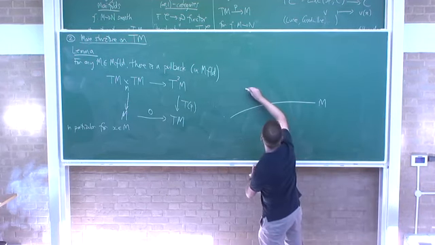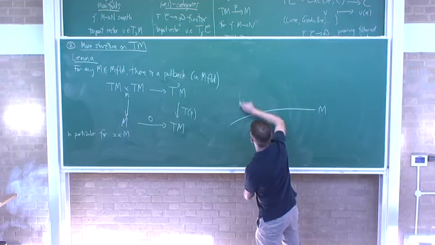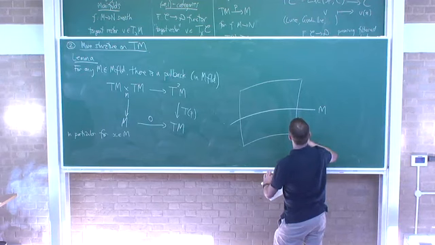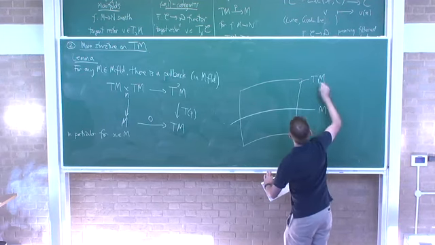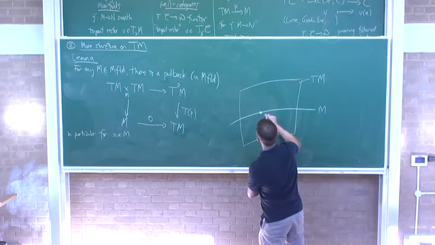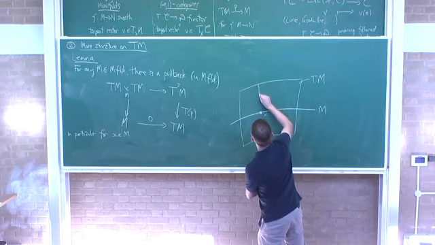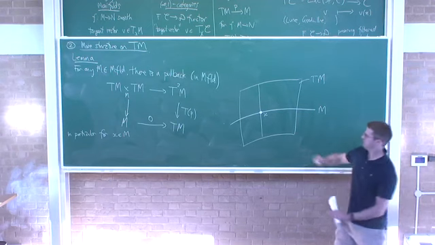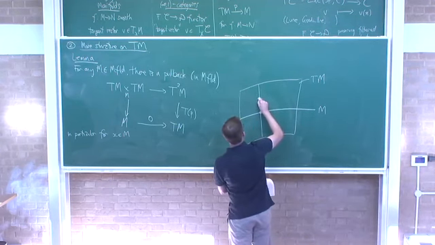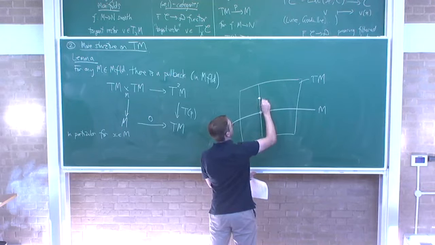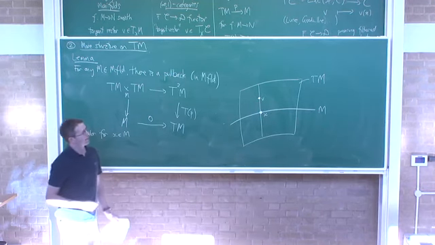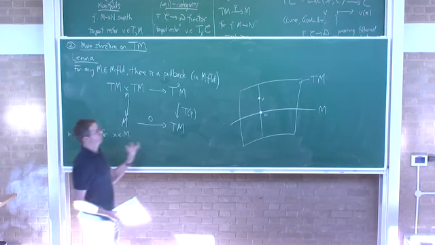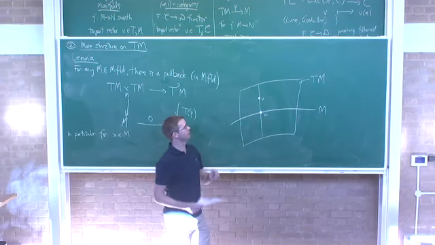And so the tangent bundle of M is a one-dimensional vector bundle over M. At each point X, I have a fiber, which is just a copy of R. I can now take a point in the tangent bundle, so that's a tangent vector at x, and look at the tangent bundle to TM at v.